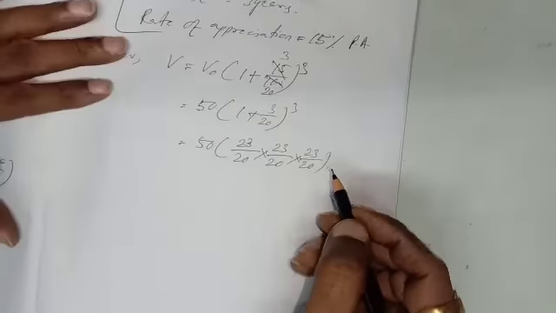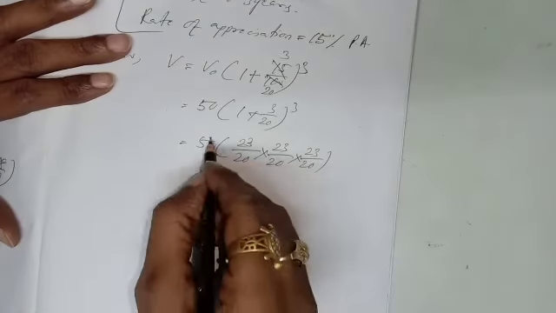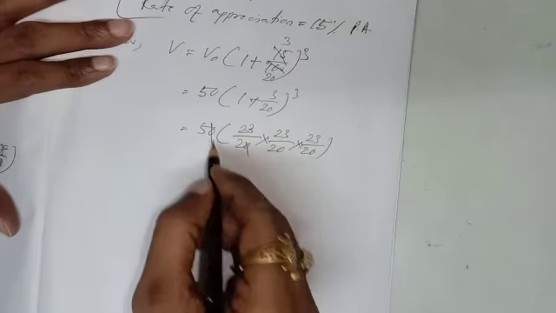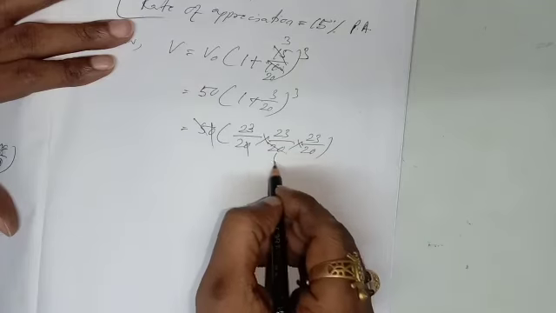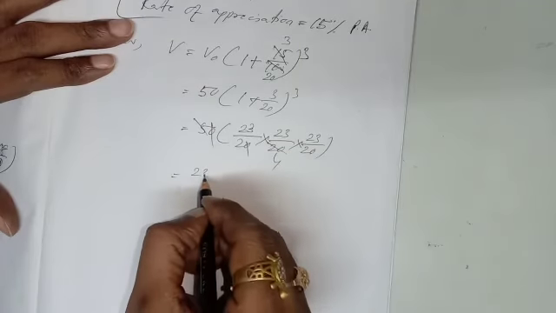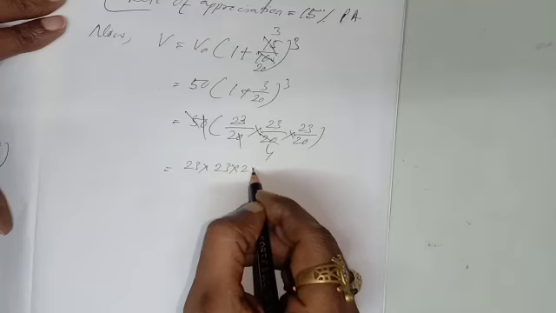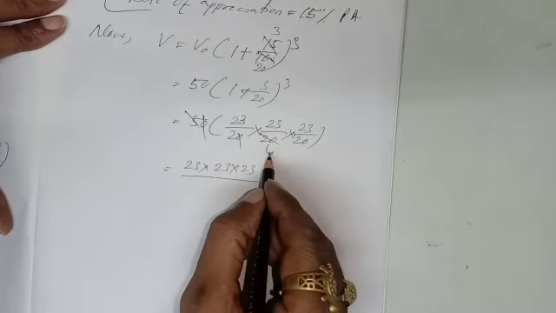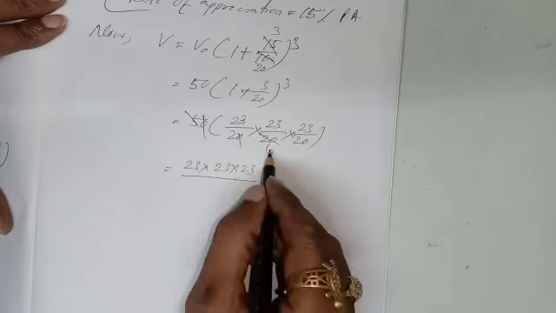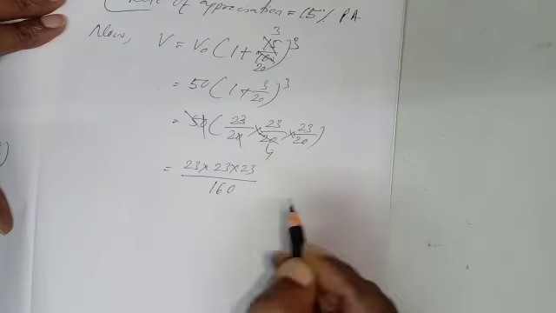Now see how much getting? 1 0 cancel. 5 4 is 20. That's this is coming 23 into 23 into 23 divided by 4 into 8, 8 to the 16, 160.